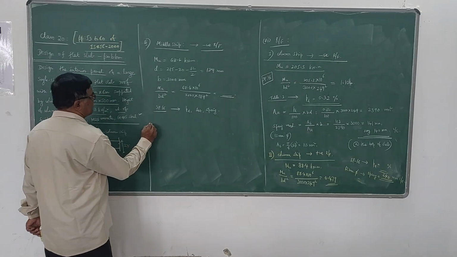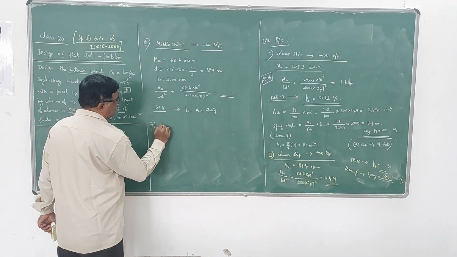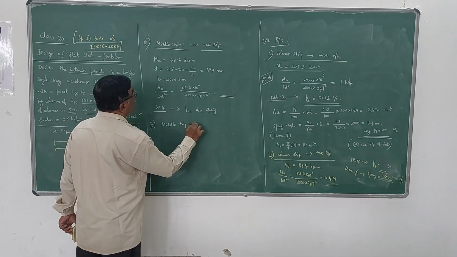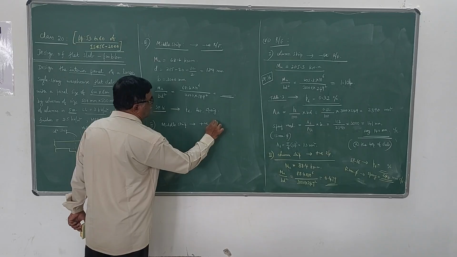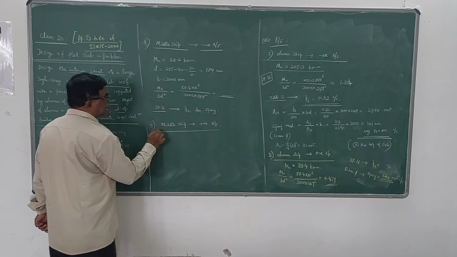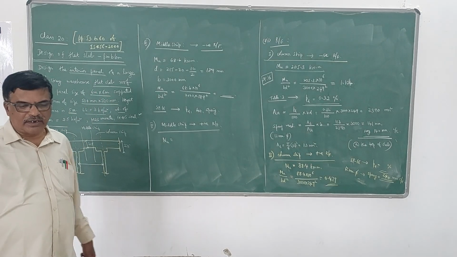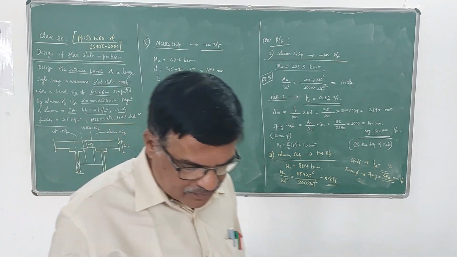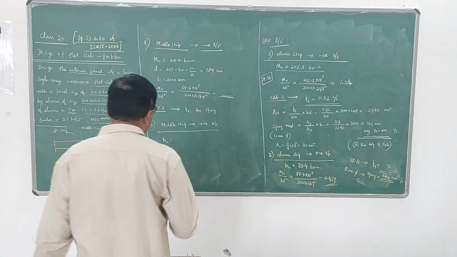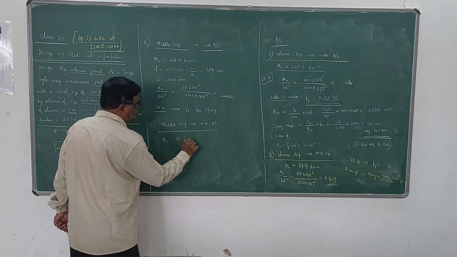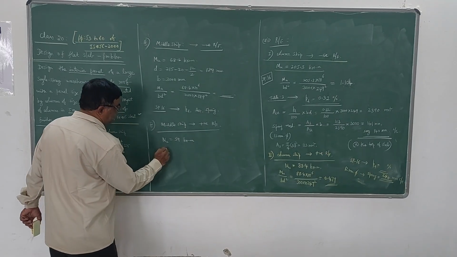Same procedure is repeated for middle strip for positive moment. So for positive reinforcement, the Mu value is 59 kilonewton meter. D will be same, 189.